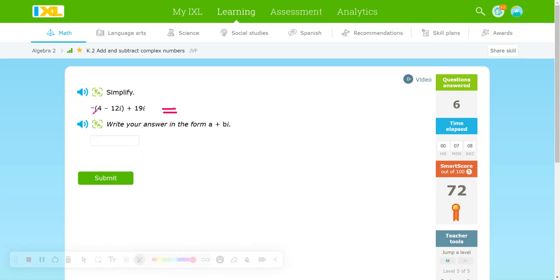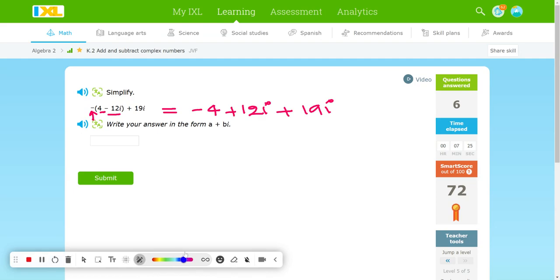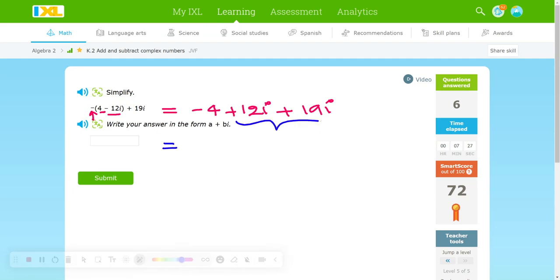Same thing over here. You open parentheses, but pay attention, this is a negative sign. So when you open, everything inside has to change the sign. 4 becomes negative 4. Subtract 12i becomes plus 12i. And plus 19i in the back. You can see over here, only the i you combine.